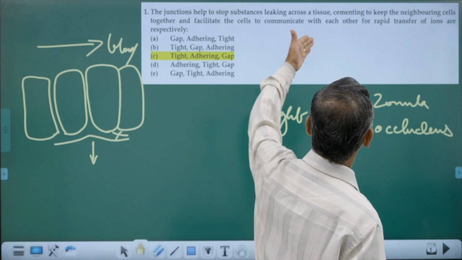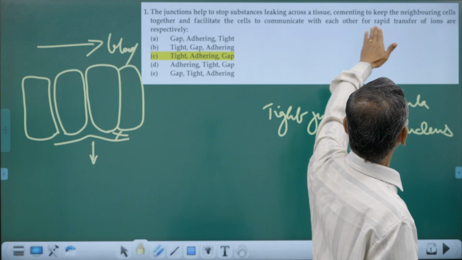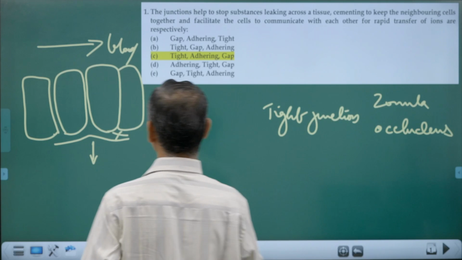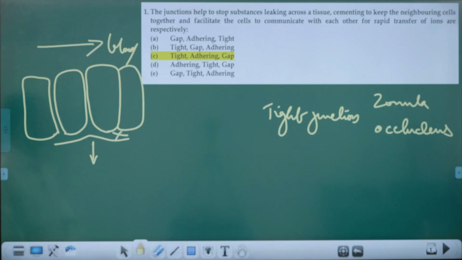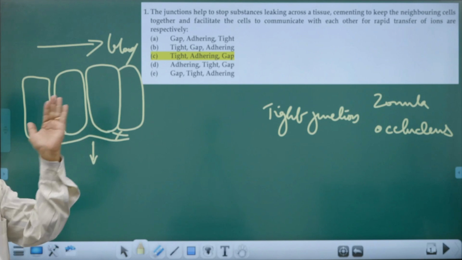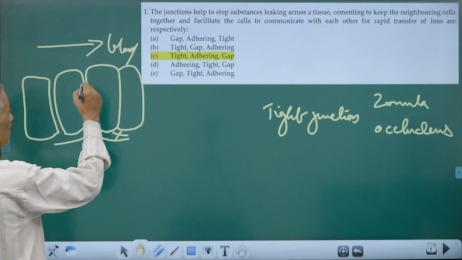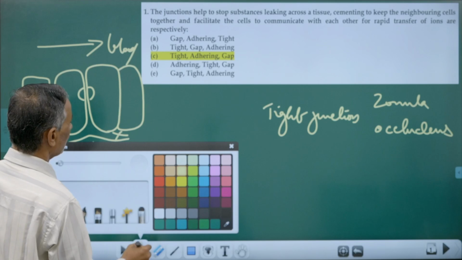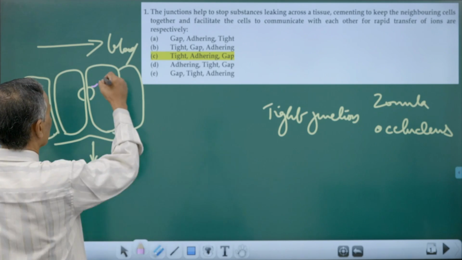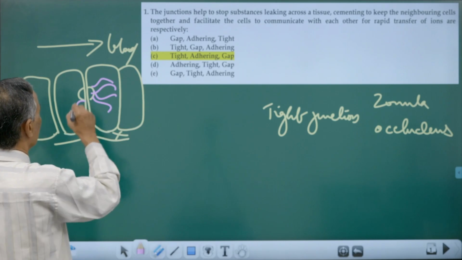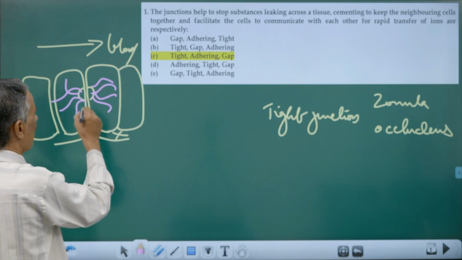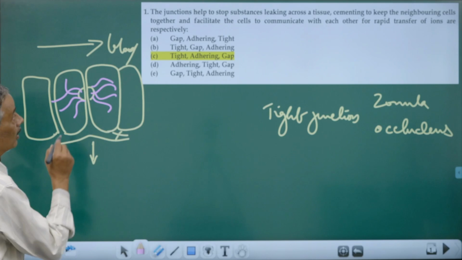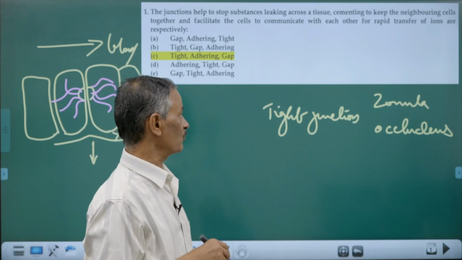Okay. Then, cementing to keep the neighboring cells. The two neighboring cells are held together by the intercellular matrix, and to make the attachment stronger, on the two membranes you have some specializations. These specialized structures are called adhering junctions.